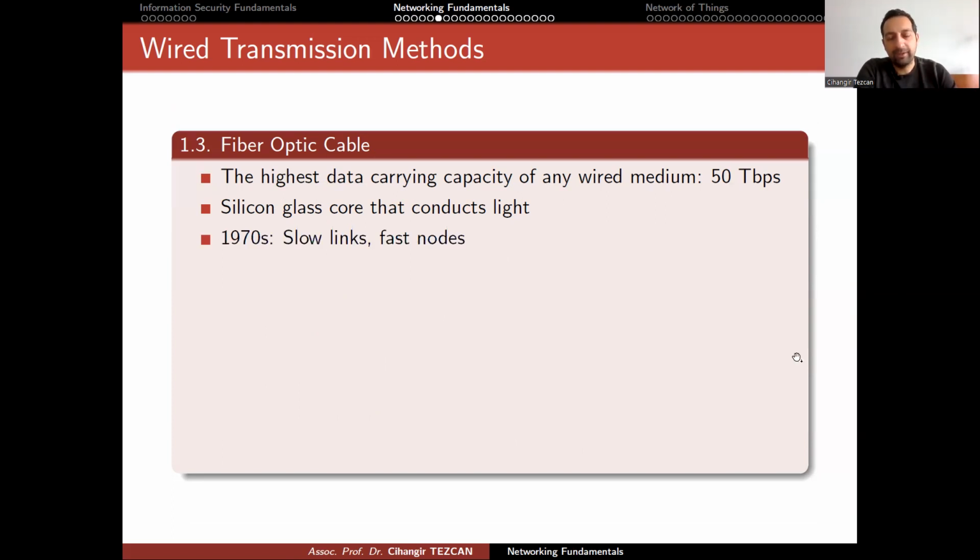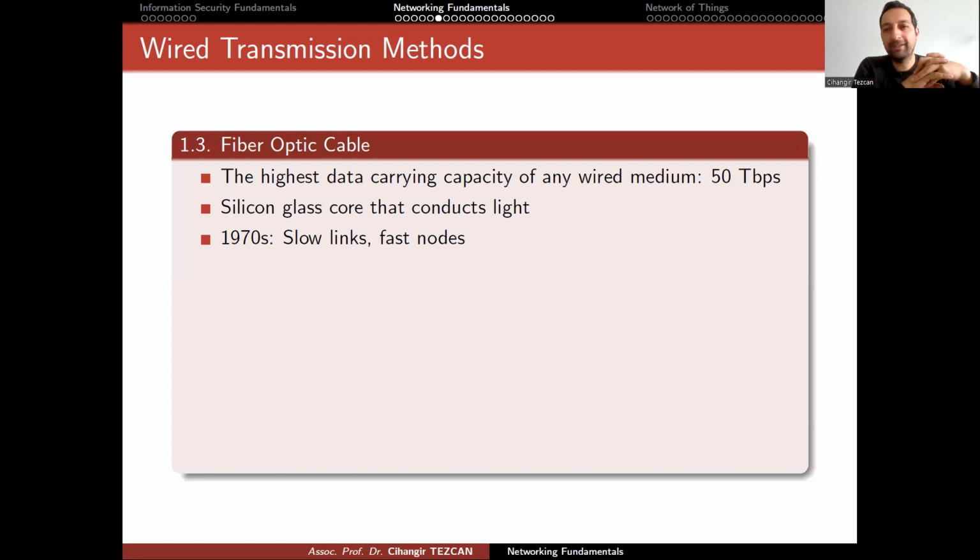And if we look historically, in the 1970s, we had slow computers, right? But the cables were fast enough to communicate, but the computers were slow. But recently, we have fast links, slow nodes. Okay, I have to say it, I said it in the reverse order. So the communication channels were bad. Think about our dial-up communication.